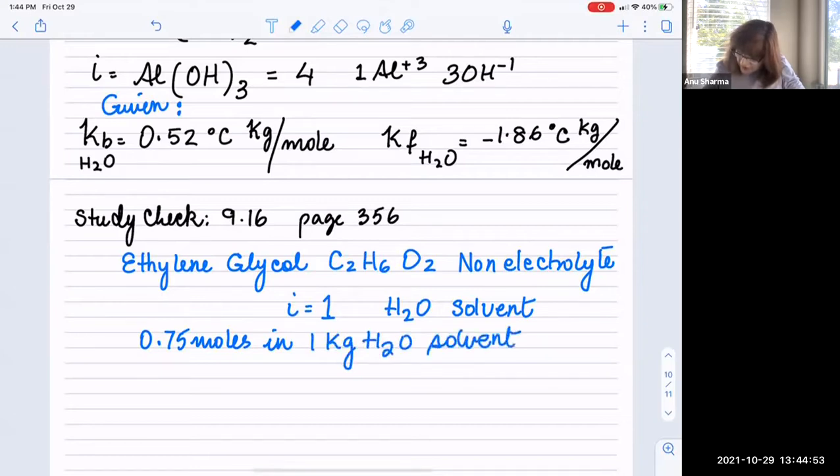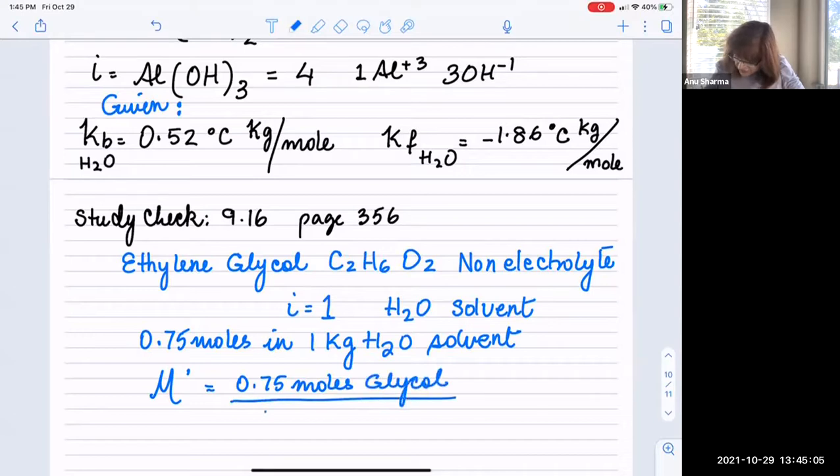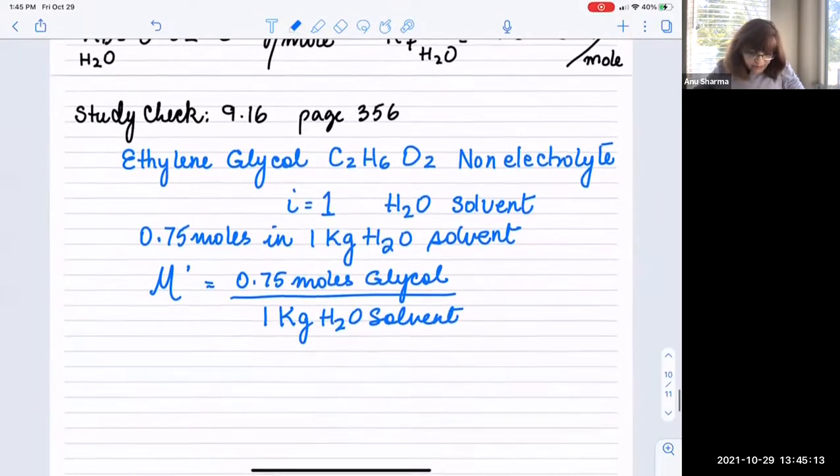So when we talk about molality, this is what we mean: 0.75 moles of ethylene glycol divided by 1 kilogram of water as a solvent. What is the boiling point of the solution?